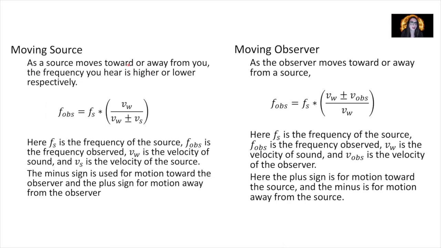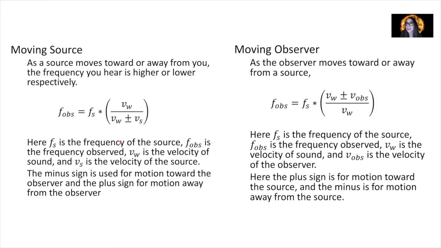So we already said if they move toward us, the frequency is higher. If they move away from us, the frequency is lower. So here in this equation, we've got the frequency that the observer hears of the sound equals the frequency of the sound wave coming from the source.